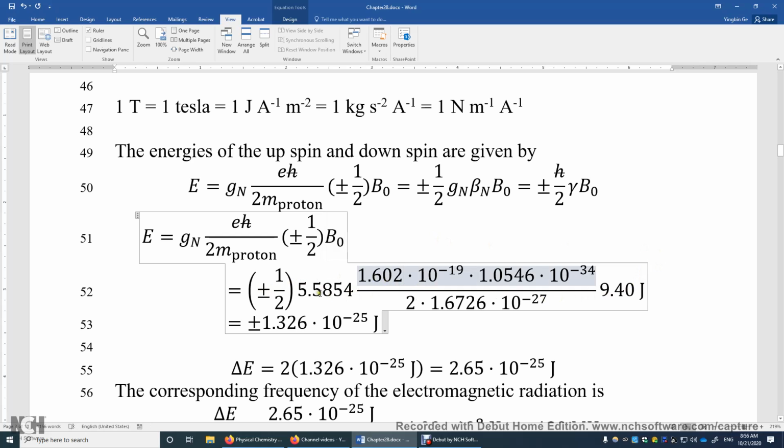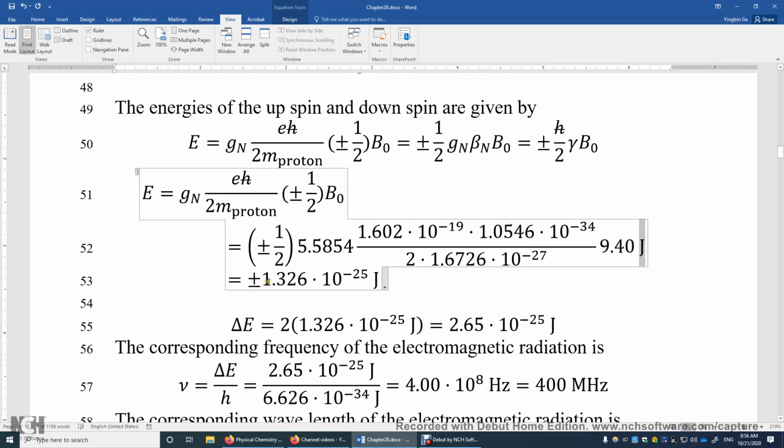I did not keep track of the units of all the numbers, but I used SI units for every single number. Therefore the result must be in joules. The result is plus minus 1.326 times 10 to the power of negative 25 joule.